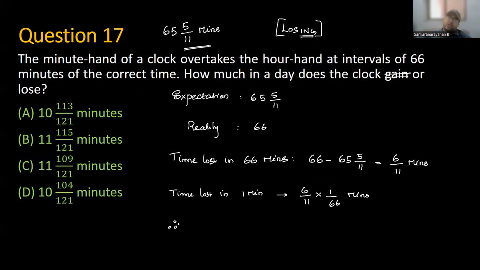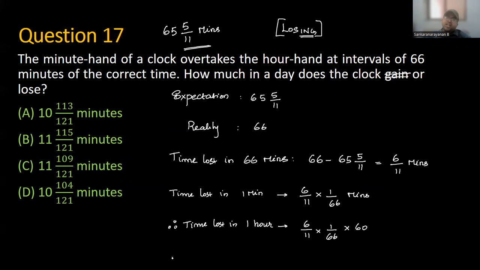So therefore, the time lost in 1 hour, proportionately, will be 6 by 11 into 1 by 66, that is the time lost in 1 minute, into 60. When I do that, I will get the time lost in 1 hour.